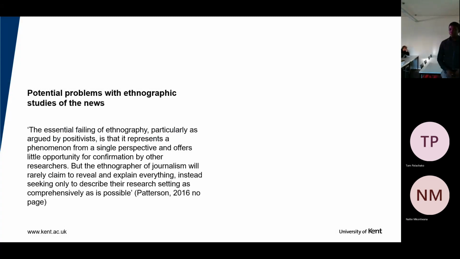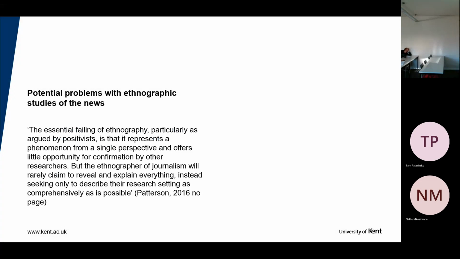You get it? So that it represents a phenomenon from a single perspective and offers little opportunity for confirmation from other researchers. Meaning that if you're studying a medium and your findings from a particular medium are the basis upon which you made a conclusion, then you may not be reflecting the entire truth because there are several other mediums which I have not studied.